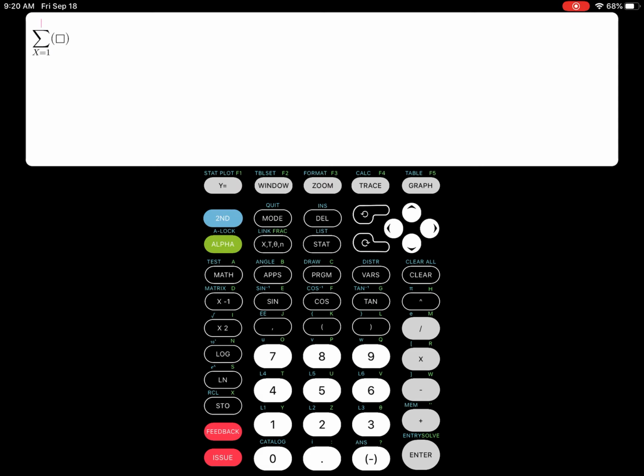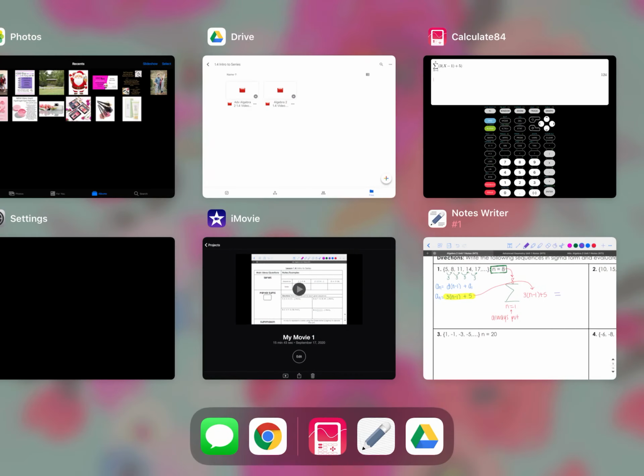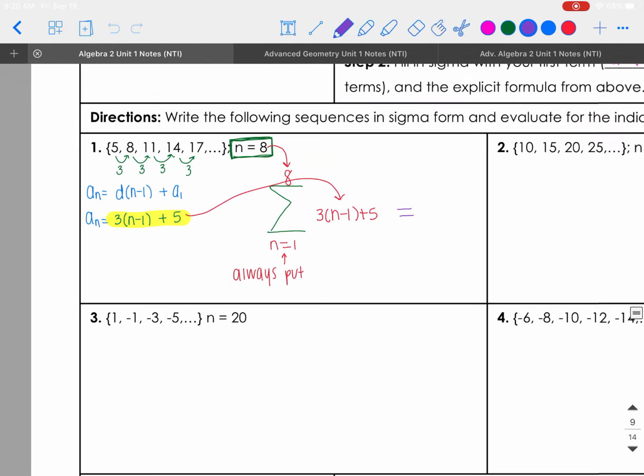And then we go up to that box and we type in 8. And then we go over into the parentheses and we're going to type 3x minus 1 plus 5. And hit enter. And I get the answer of 124.